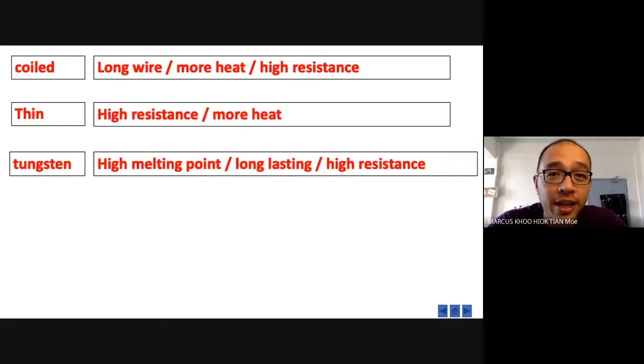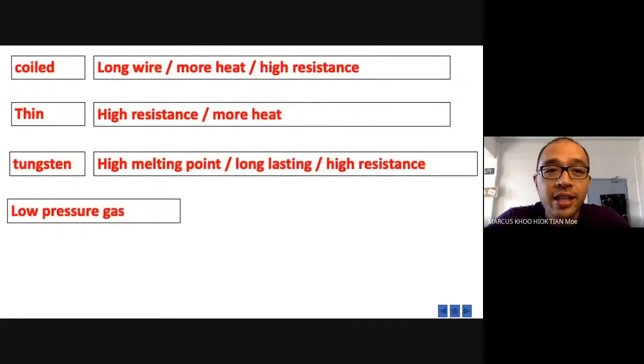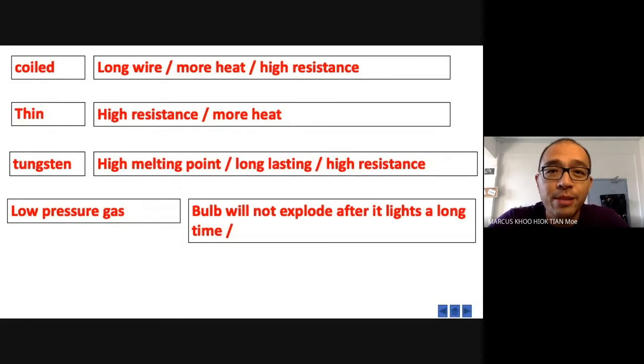So now we come to the gas. Think about it, guys. In a normal situation would you prefer gas with low pressure or high pressure? What happens in low pressure gas? What happens in high pressure gas? If we think about it logically, we need to choose low pressure gas so that the bulb will not explode.